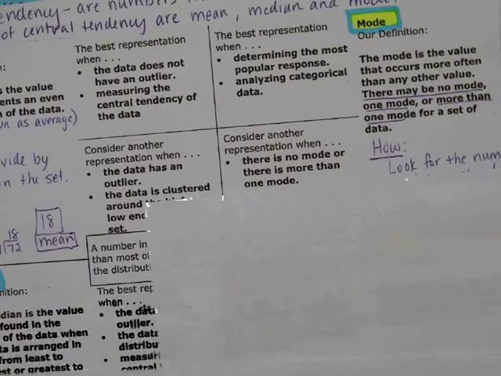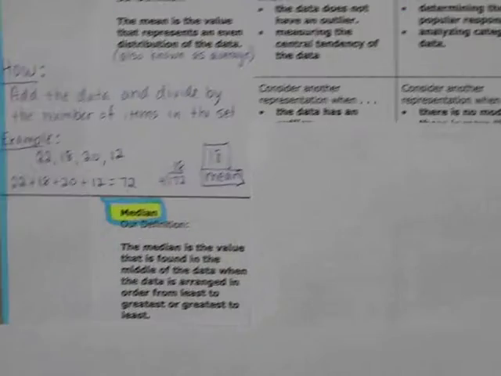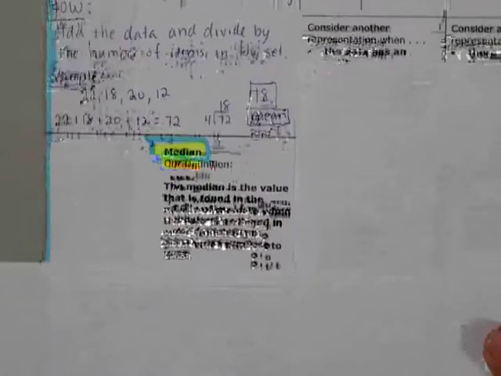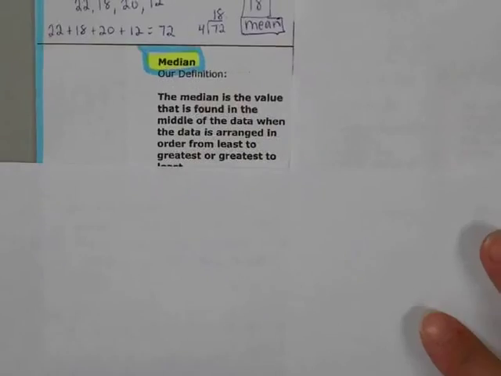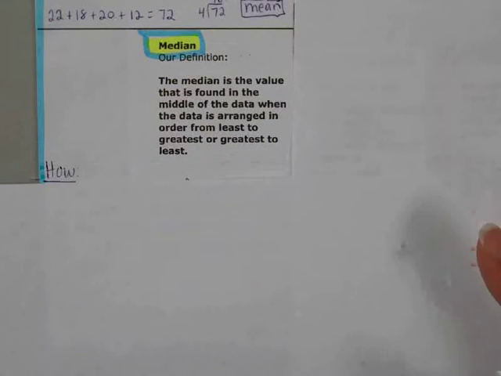Now, another measure of central tendency is median. The median is the value that is found in the middle of the data when the data is arranged in order from least to greatest or greatest to least. So how do we find the median?